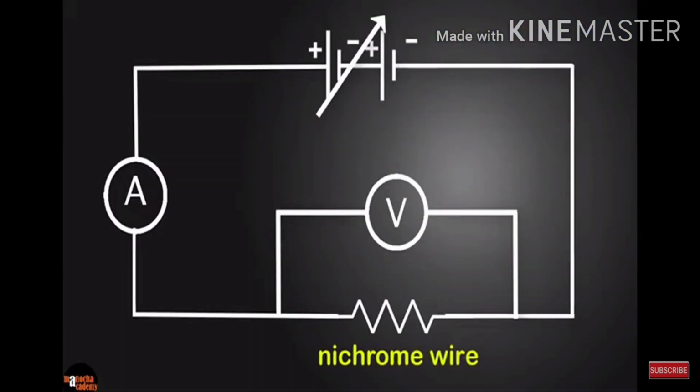Now let us see the circuit diagram. Here you can see the nichrome wire is connected in parallel with the voltmeter, represented by V. And the ammeter is connected in series with the nichrome wire, represented by the letter A.